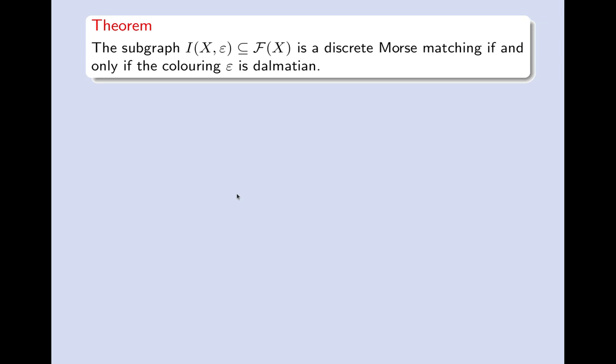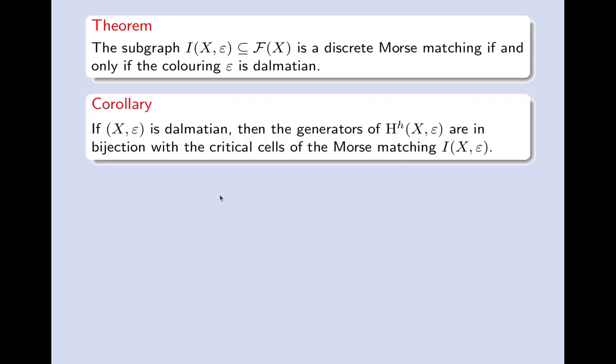As a consequence, if we have a Dalmatian bicolored simplicial complex, then the generators of the horizontal homology are in bijection with the critical cells of the Morse matching induced by this subgraph. As I mentioned before, critical cells are just the unpaired vertices inside a face poset.